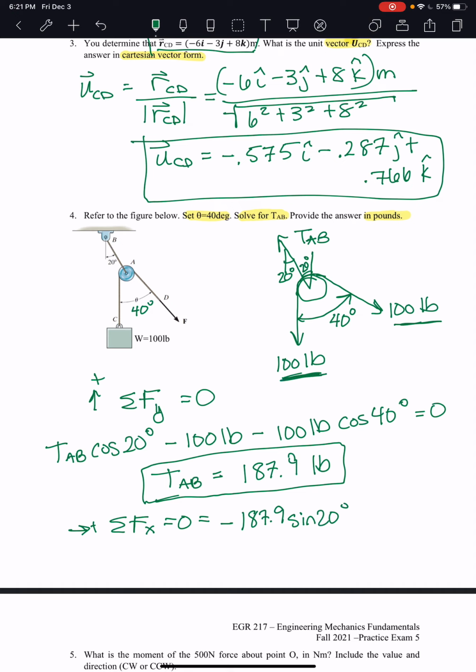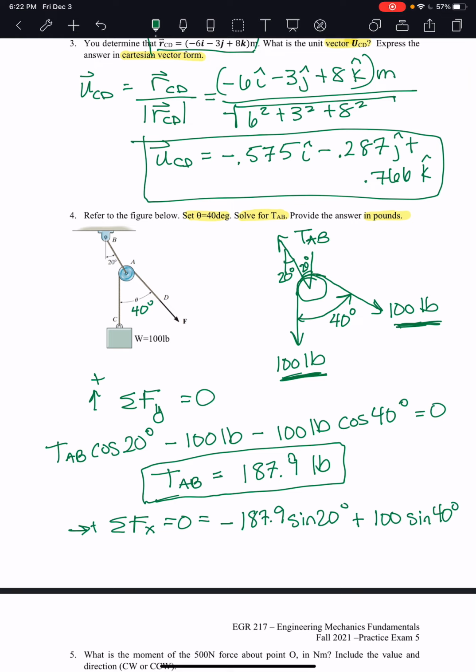One of the 100 pounds is just straight down, so that wouldn't be in the X direction. The other one is over here, and that'd be the positive X, 100 times sine of 40 degrees, because we're looking for the piece that's opposite of that angle.